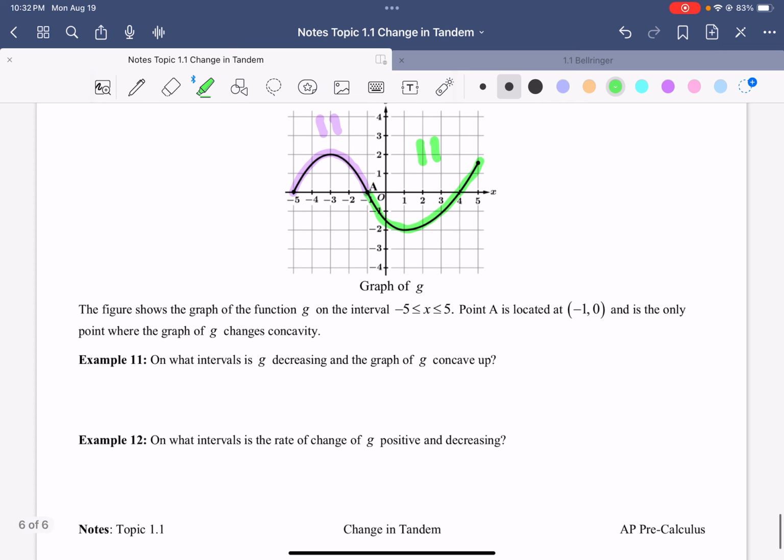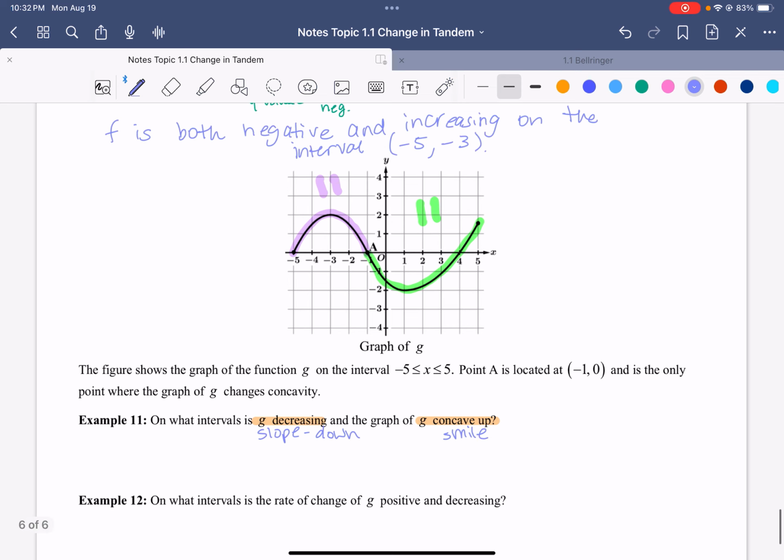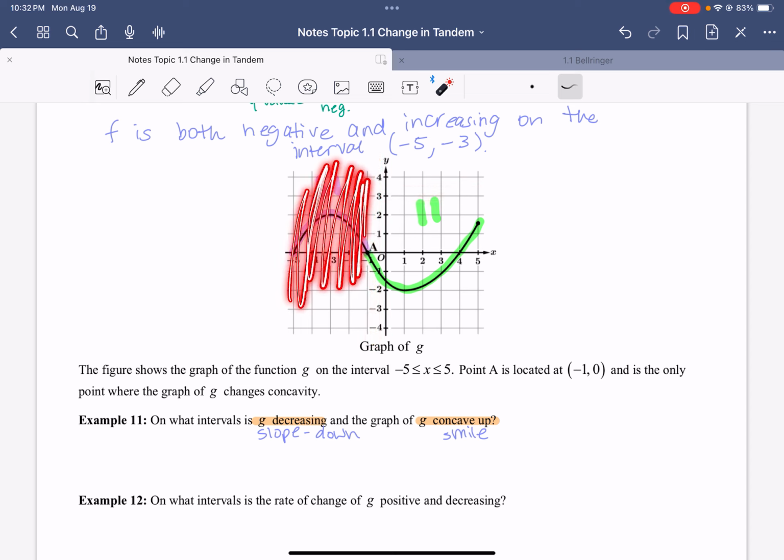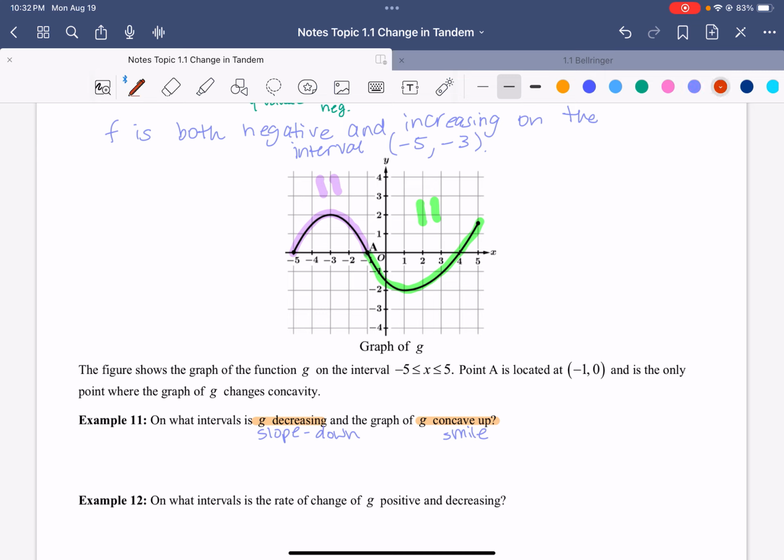Okay, so when it says g is decreasing, that's asking you for slope, meaning that it should go down. And when you see g is concave up, that means you're looking for the smile. Okay, so I have the smile here from point A all the way over here. So that means I'm going to ignore this frowny face and I'm only going to focus on this smiley face.